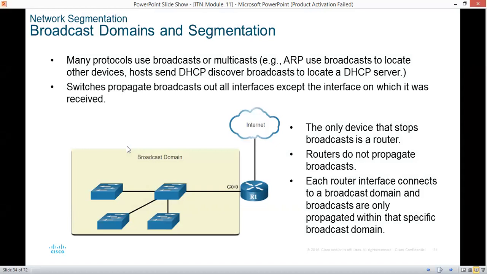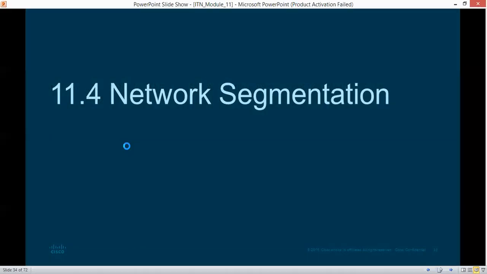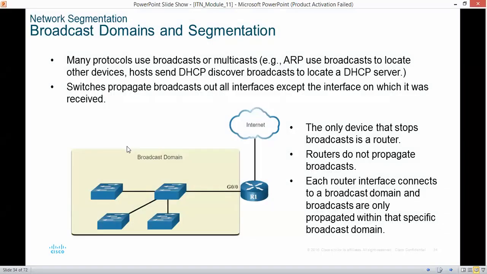Here we're looking at broadcast and segmentation. It's obvious that when your network starts growing, and you have ARP taking place, remember ARP is the Address Resolution Protocol, when the system must resolve the destination MAC address through a given IPv4 address.